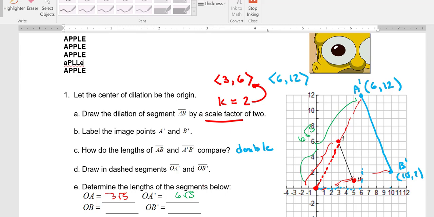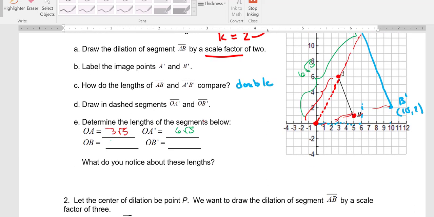You're going to find the same thing is true with O to B, which is the square root of 26, and O to B prime is 2 times the square root of 26. So these lengths are just going to double. When you're dilating by a scale factor of 2, you're blowing everything up by a factor of 2. And if the scale factor were a half, everything would be shrunk by a factor of a half.